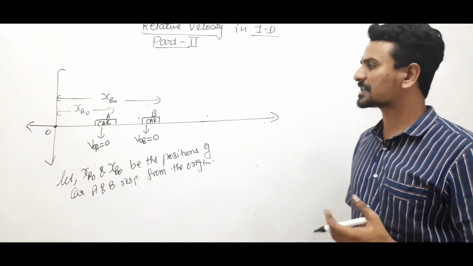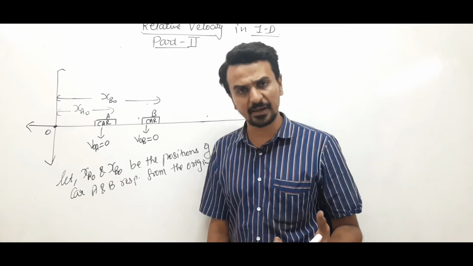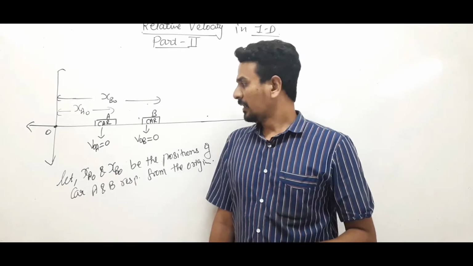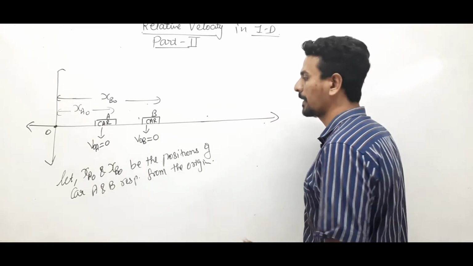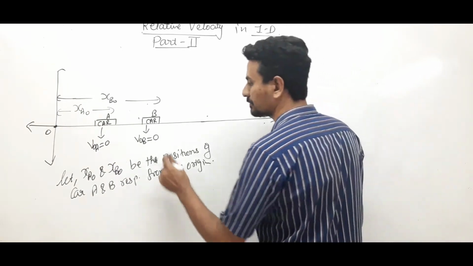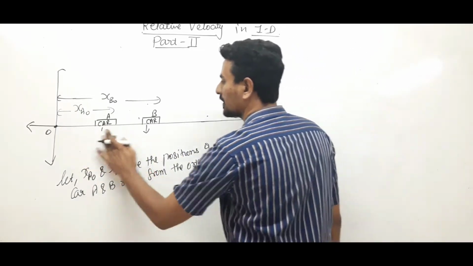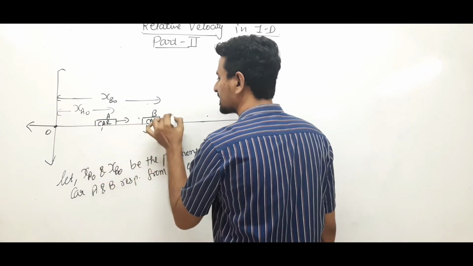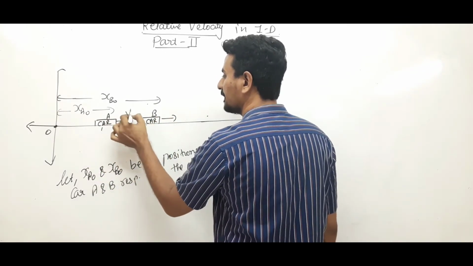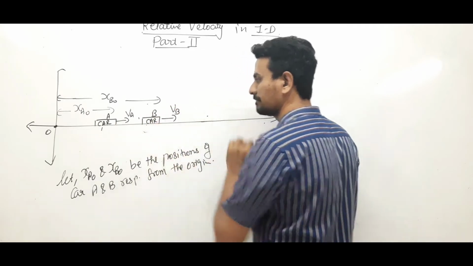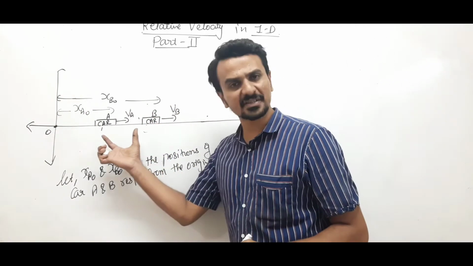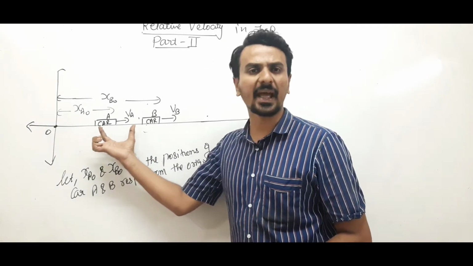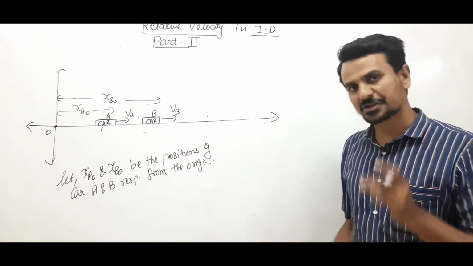Clear? So xa0 and xb0 are the positions of car A and B initially. Both are at rest. Now let us say that both have started moving in the same direction with velocity Va and with velocity Vb. Both have started moving with constant velocities Va and Vb, and that too in the same direction.